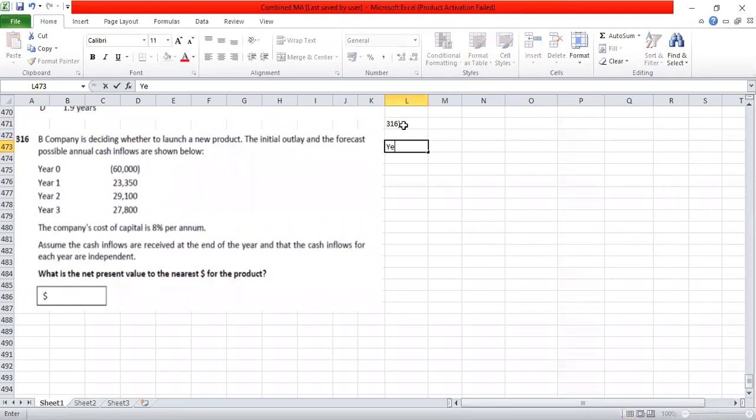Year is starting from 0. Then cash inflows, which are minus 60,000, then 23,350, 29,100. Excel sheet only you're able to see, no?